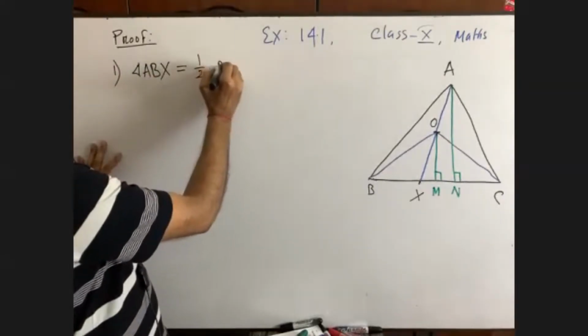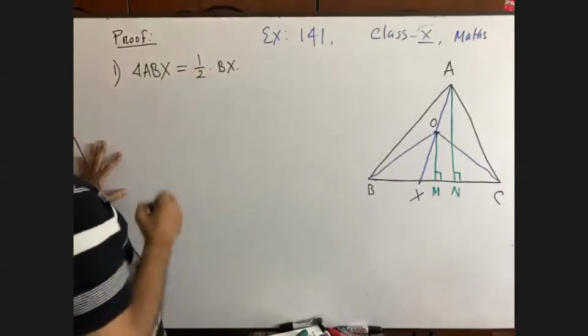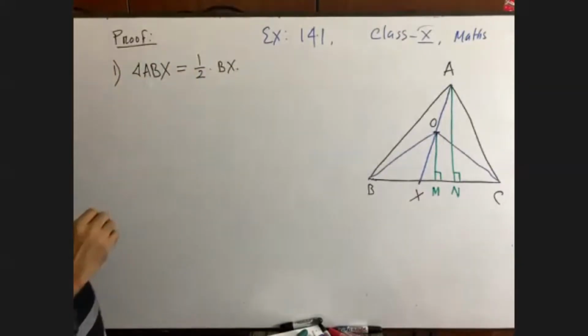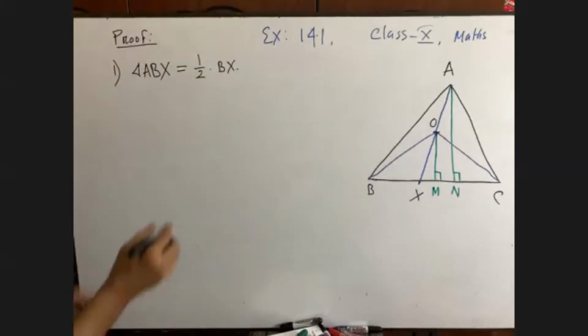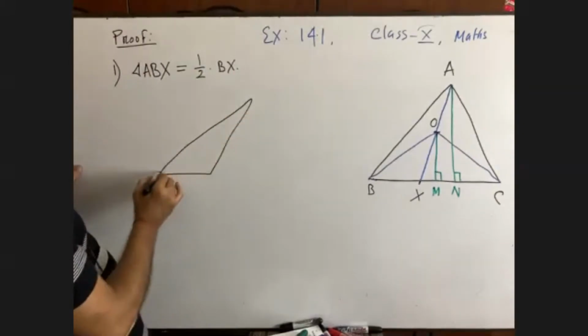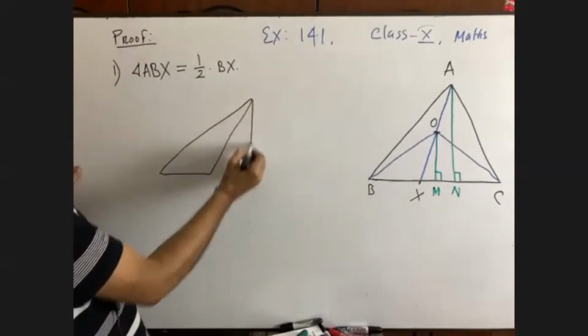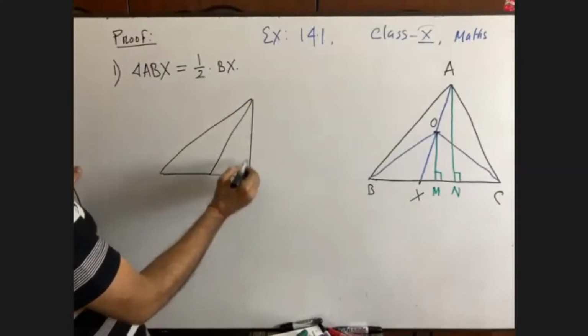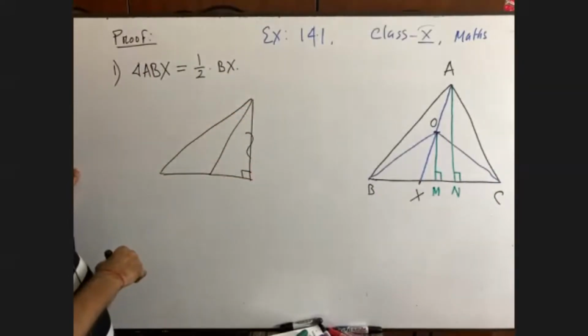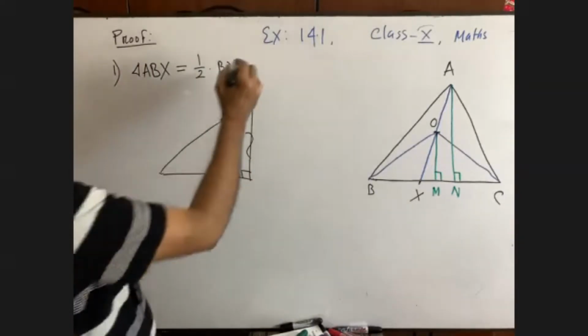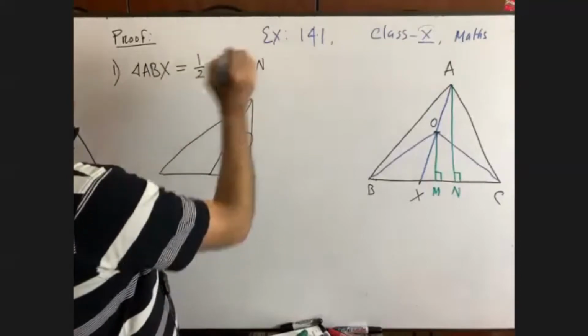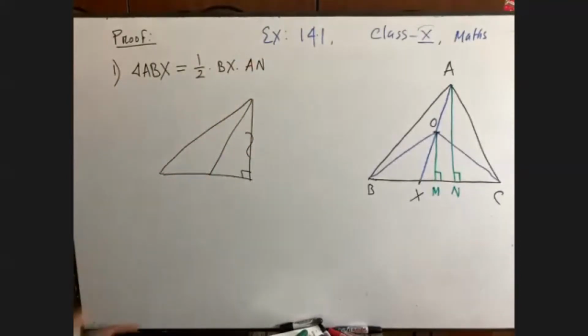Half into base into height. So what is the height of the triangle ABX? Suppose this is a triangle. Its height is this, right? In triangle ABX, the height is AN.